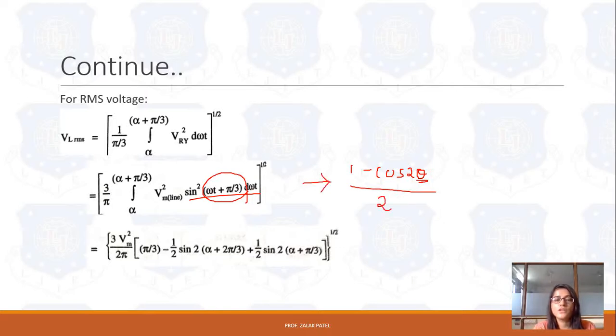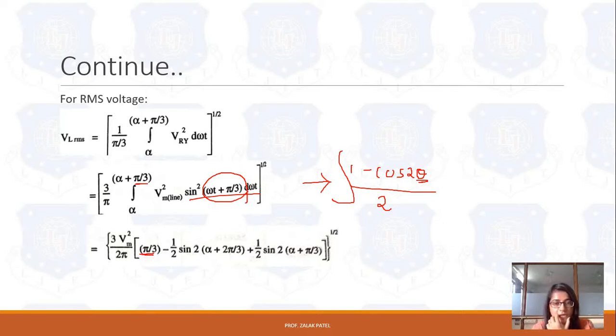So we have to integrate this term. So 1 upon 2 integration, there is no term of omega t present, so it can be written like this: only alpha plus pi by 3 minus alpha, so alpha and alpha will be cancelled out and only pi by 3 is remaining. So that's why over here pi by 3 is there.